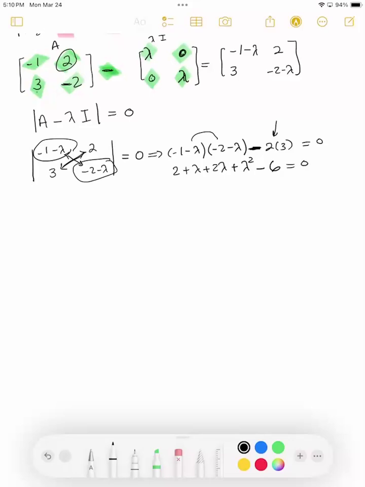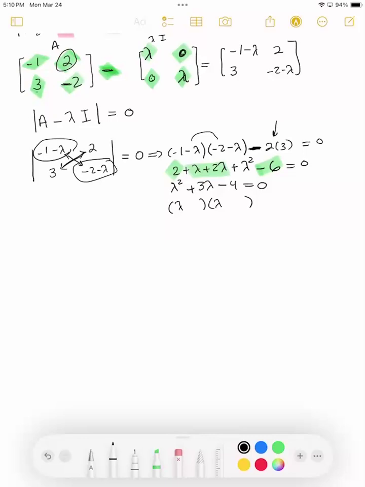So let me just organize this. I get lambda squared plus 3 lambda minus 4 is equal to 0, because 2 and -6 are like terms, and one lambda and two lambdas are like terms. That's how I get that, and we call that the characteristic equation. So we are going to factor -4: we need two numbers that multiply to -4 and add to +3.